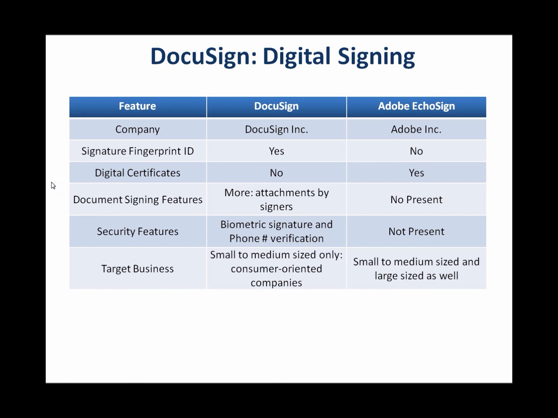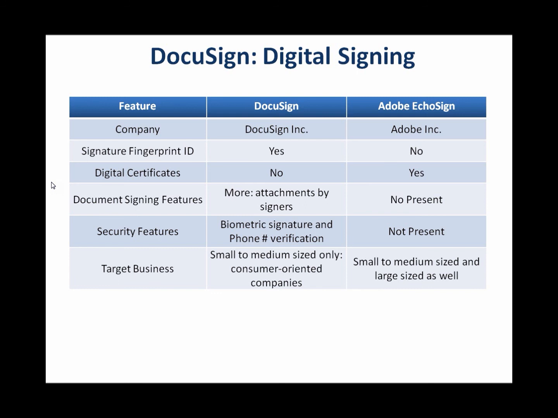The use of digital certificates is that the certificates are certified or verified by a third party. DocuSign supports more document signing features. An example quoted here is that signers can attach documents, and this is not present in EchoSign.